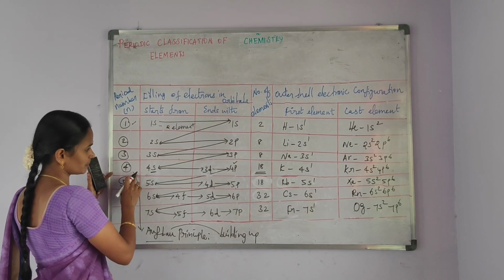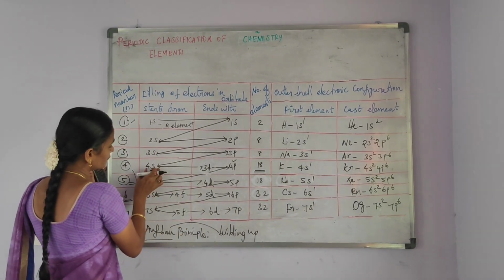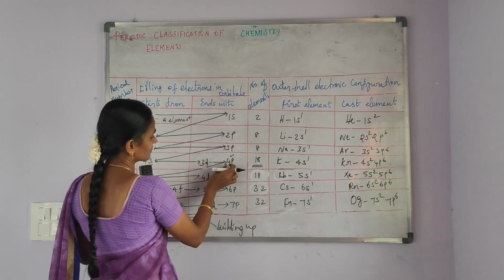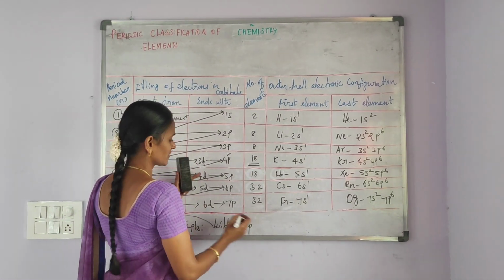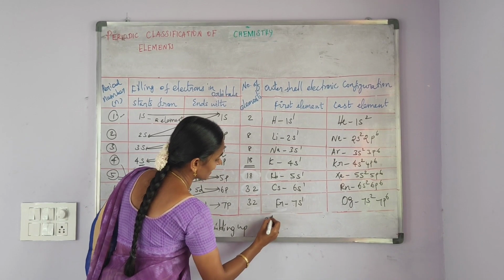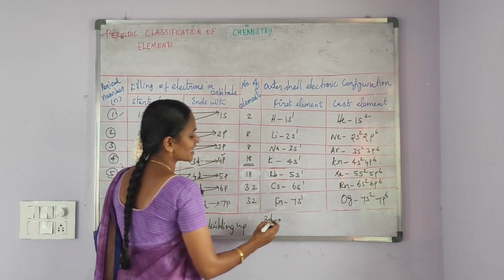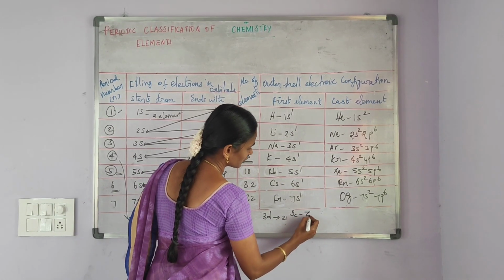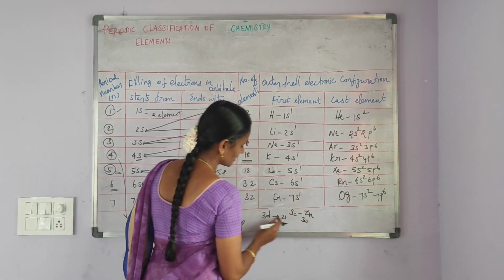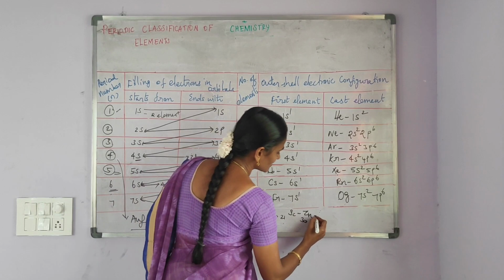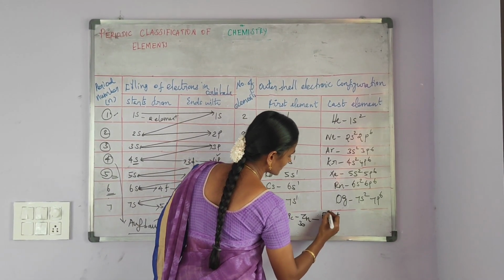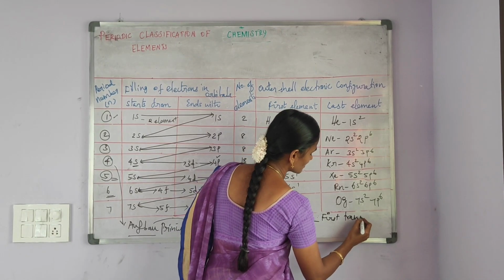In the fourth period, electron filling starts from 4s followed by 3d and 4p. The filling of 3d orbitals involves the elements from scandium to zinc. The 3d series is also called the first transition series.